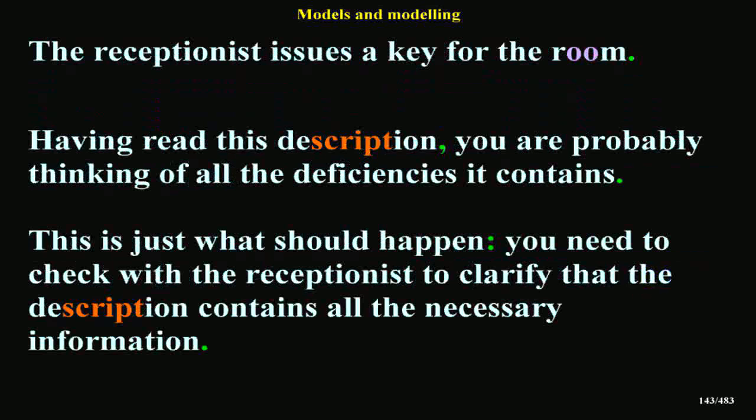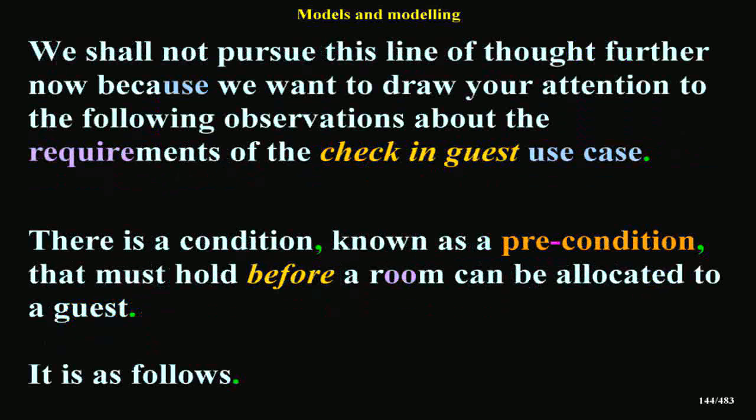Having read this description, you are probably thinking of all the deficiencies it contains. This is just what should happen. You need to check with the receptionist to clarify that the description contains all the necessary information. We shall not pursue this line of thought further now because we want to draw your attention to the following observations about the requirements of the check-in guest use case.